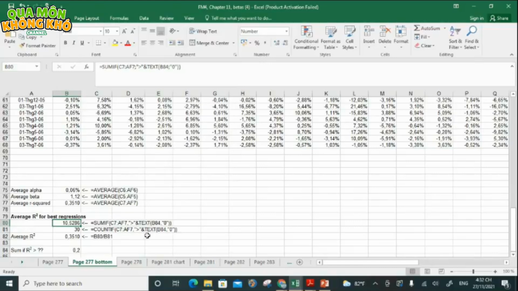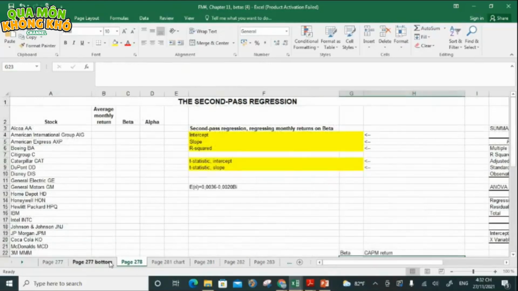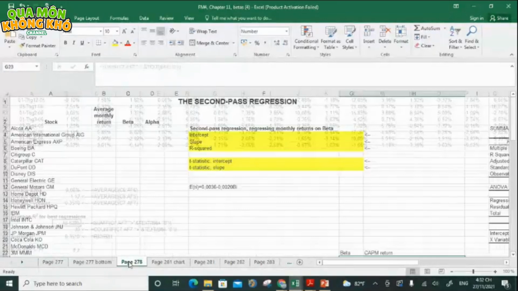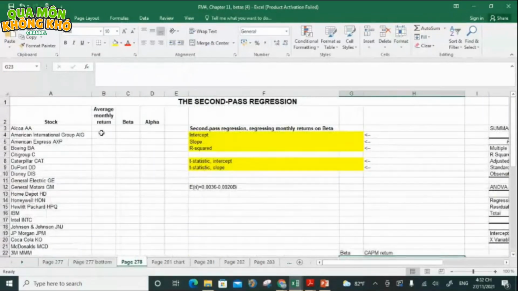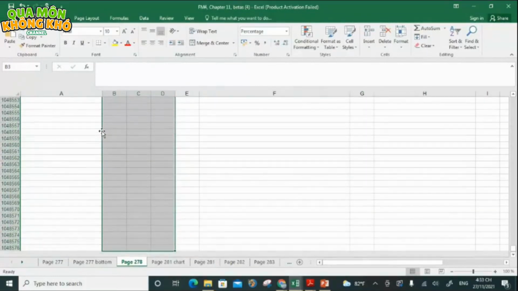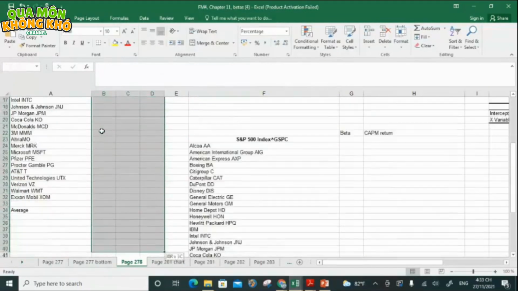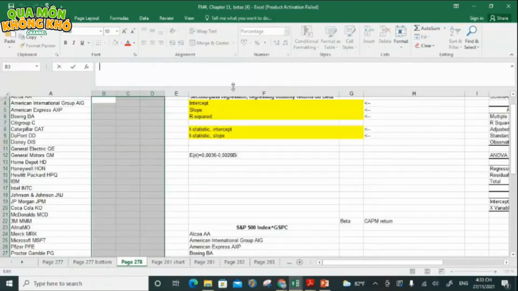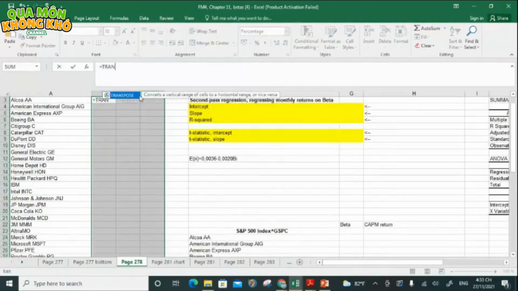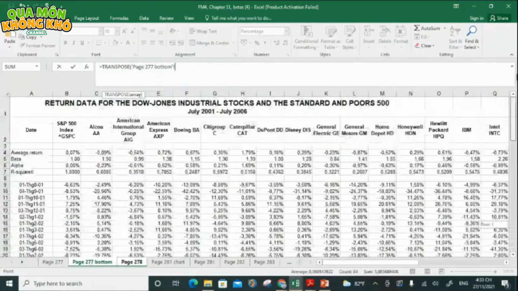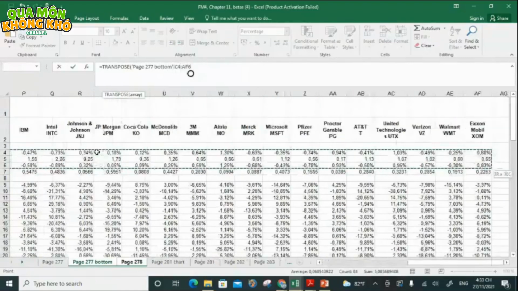So we move to the second pass regression. I will use the function transpose on the data from here, first the return data number.